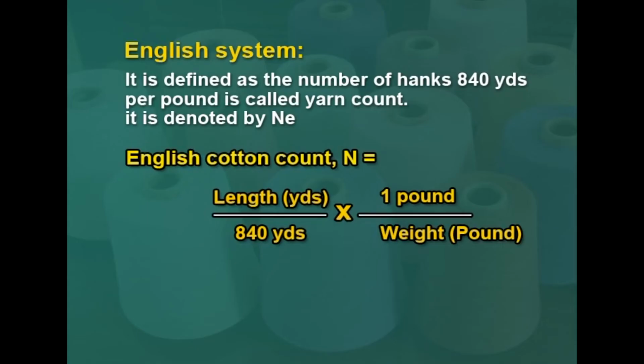As I told earlier, the higher the number, the finer the yarn. So, if the yarn has a count of 10, that means 10 into 840 yards, which would be a finer yarn compared to 840 yards per 1 pound. Even in the English count system, the length into pounds by the standard unit into the weight of the yarn, you can get the count of the system.